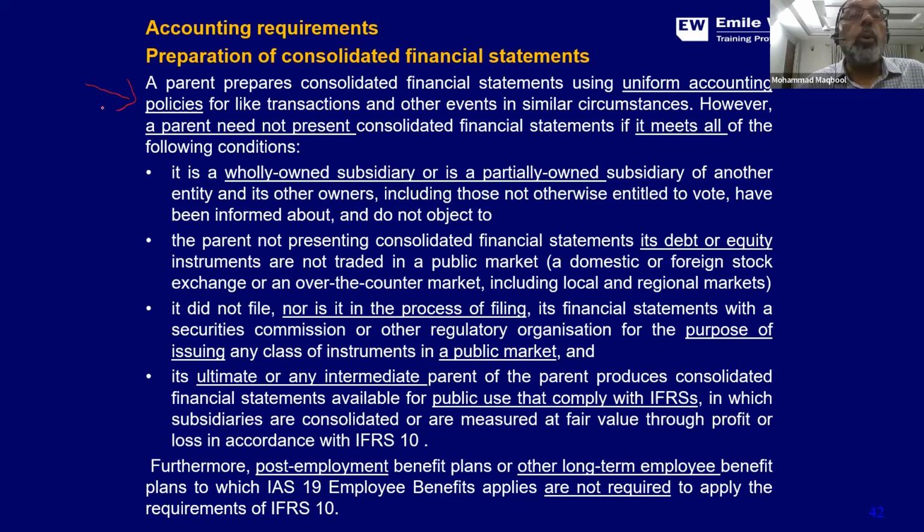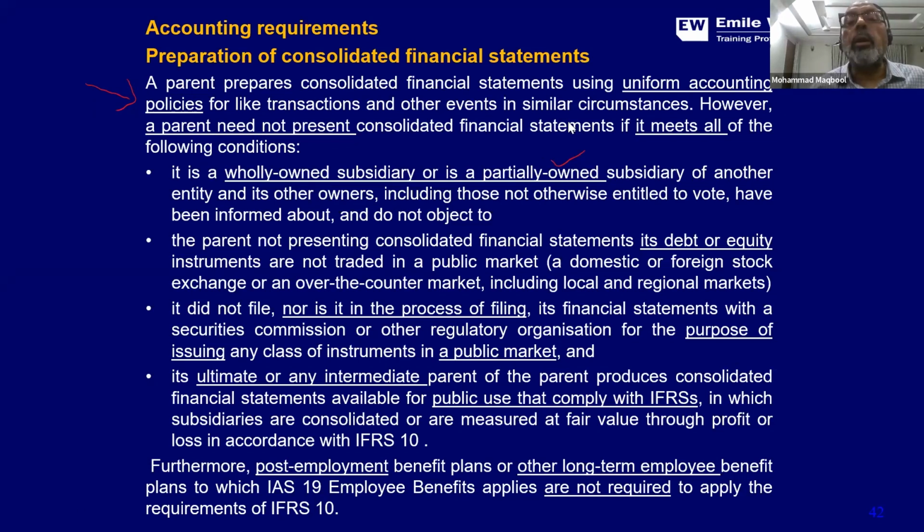Okay. A parent need not present consolidated financial statements if it meets all of the following conditions. We did discuss these when we were looking at the equity method. The same applies to the equity method as well, when they give you the exemption from applying it. It is a wholly owned subsidiary, which is not to be included, or a partially owned subsidiary.